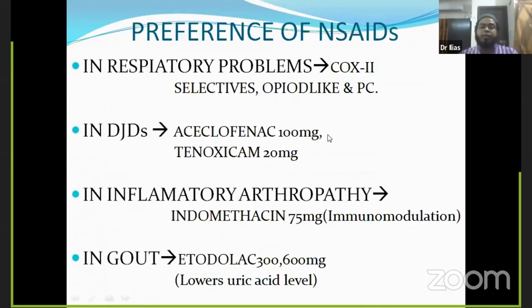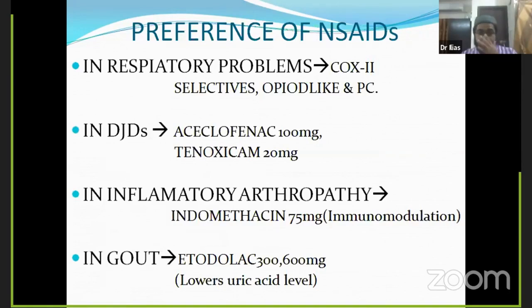Okay, I'm going to the next slide. And you see other issues are there in the respiratory problems. If we think of the COPD or the COAD, or the chronic bronchial asthma, in this case, COX-1 and COX-2 non-selective NSAIDs should be avoided.